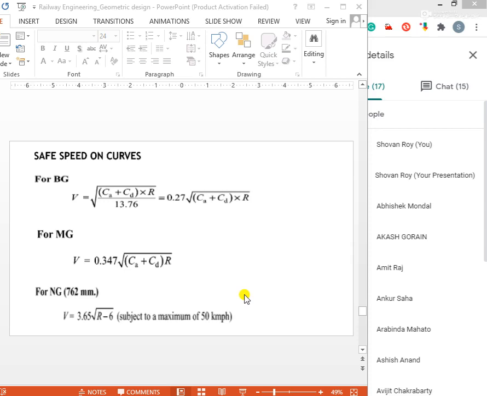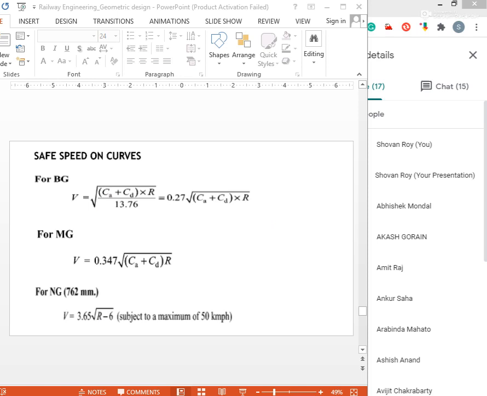Earlier it was calculated by applying Martin's formula. Lots of formulas were there in earlier cases, but after two or three modifications, the final new formula is available to us. Earlier Martin's formula was used to work out the maximum permissible speed or safe speed on curves.